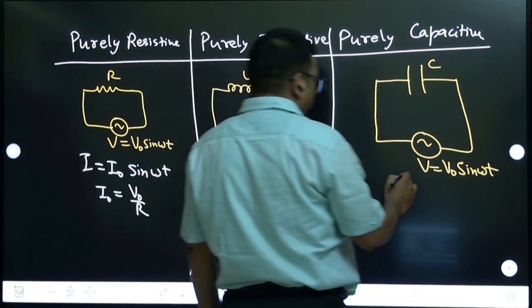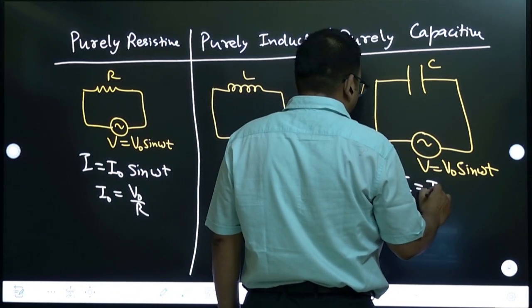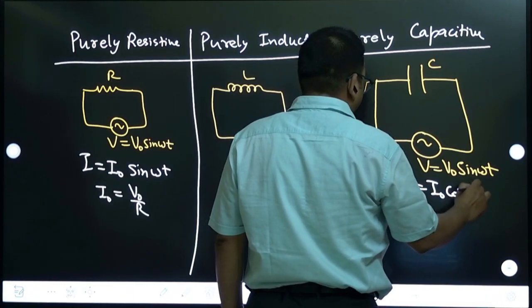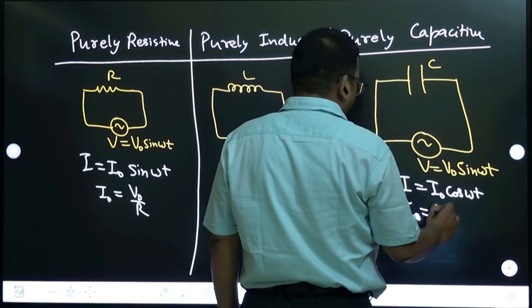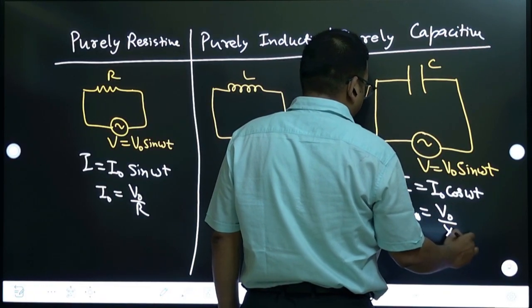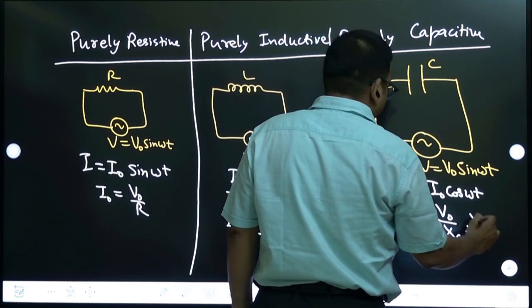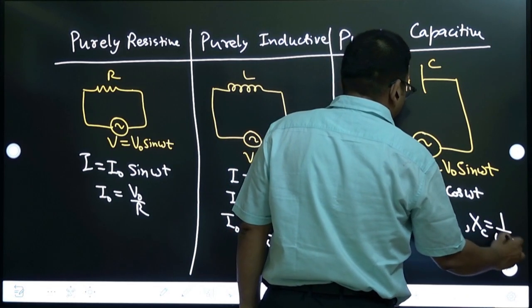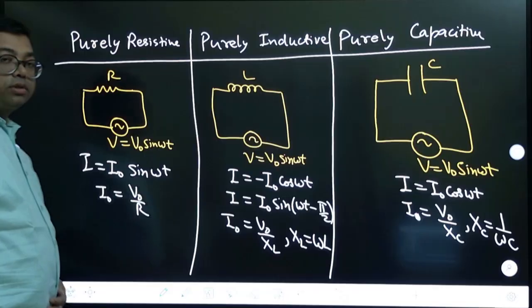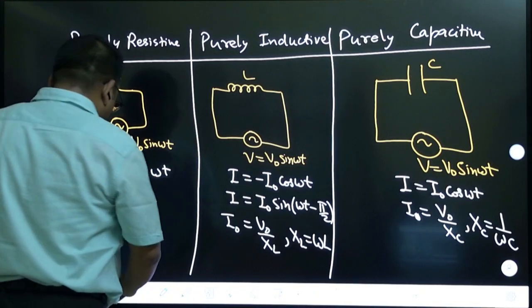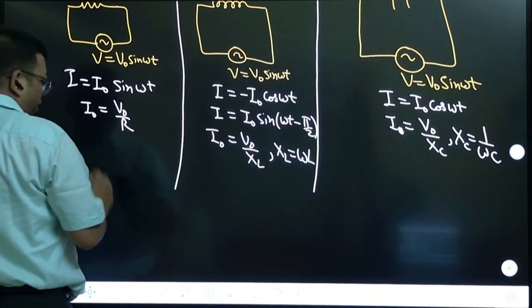Similarly, for the capacitor, I is equal to I naught cos omega t, where I naught is equal to V naught by XC, and XC is equal to 1 by omega C. These are the basic equations. Then, phasor diagram and power.